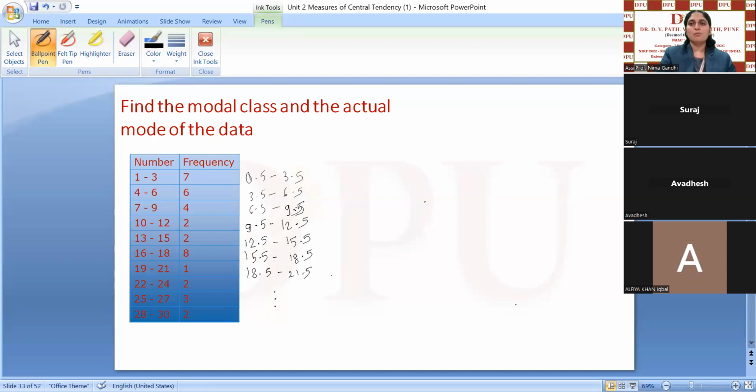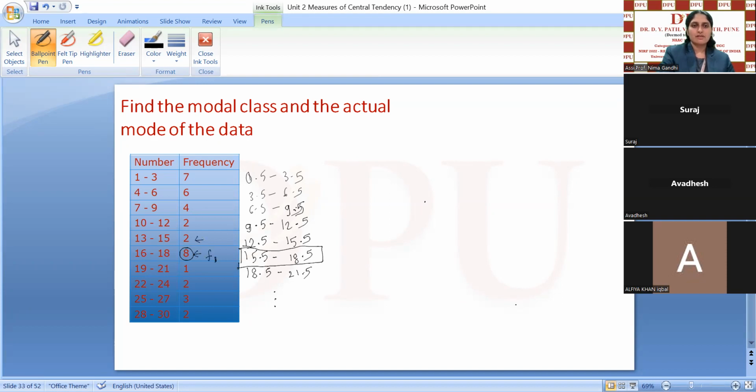So how to find out the modal class? Modal class is the class with maximum frequency. So here the maximum frequency is 8, right? So this class is your modal class. These are your limits, 15.5 to 18.5. The frequency of the modal class is your F1.